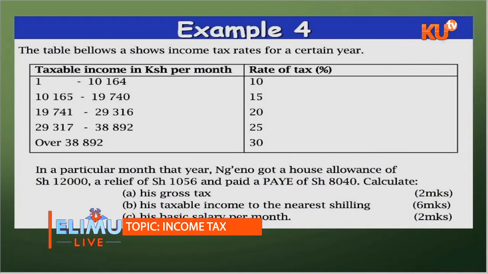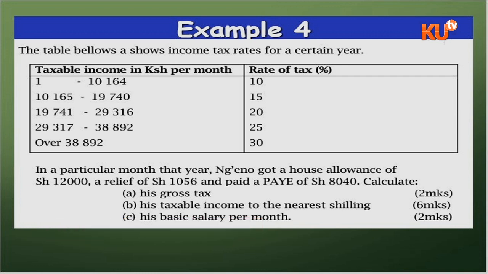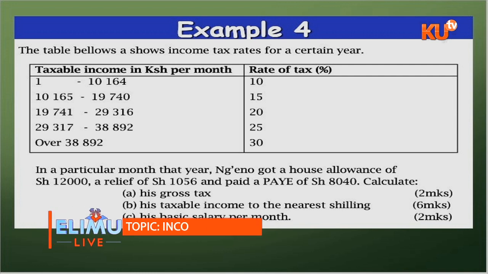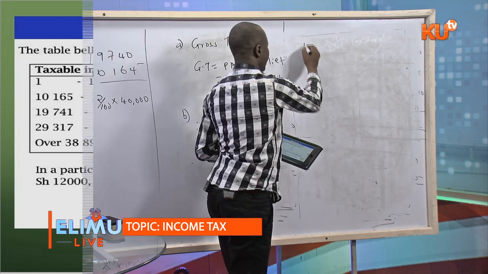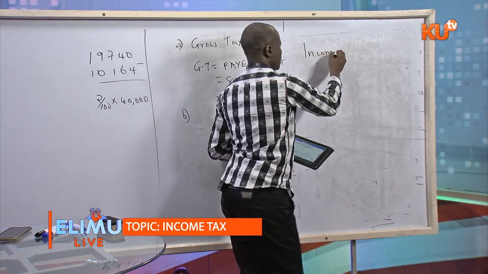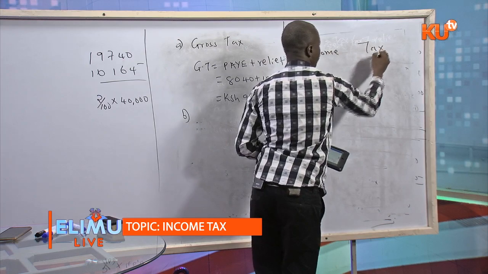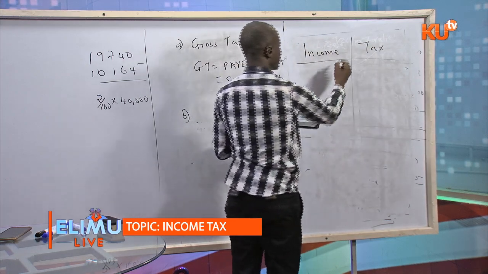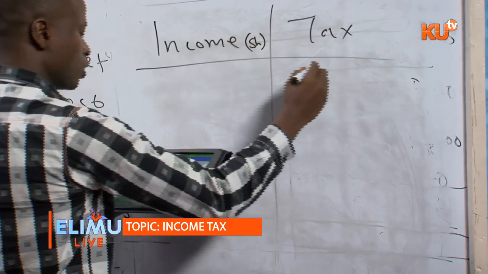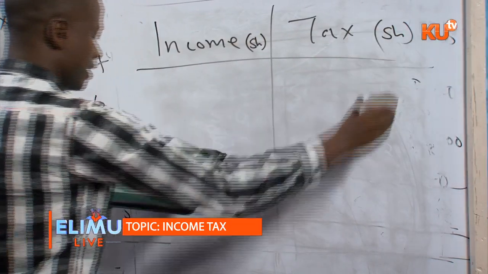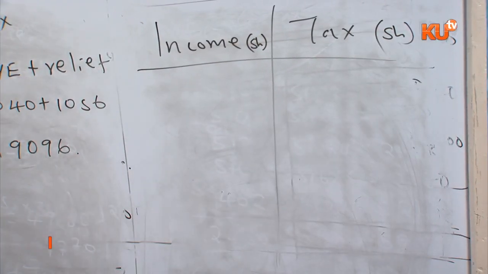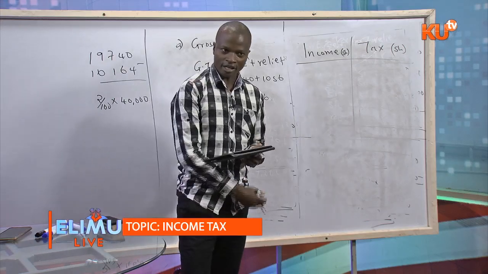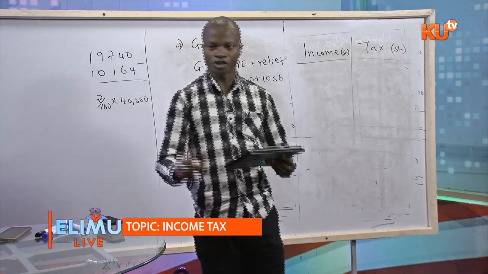Now, what we shall do here, we need to be very careful. We shall still use our table as before, which was income on this side and tax. So our income is in shillings. Our tax will also be in shillings. Why? It's a percentage. So if you take 10% of 50 shillings, the answer is in shillings.